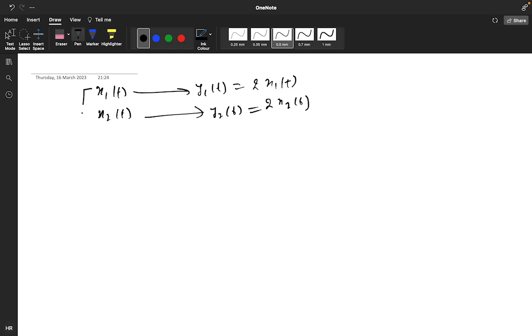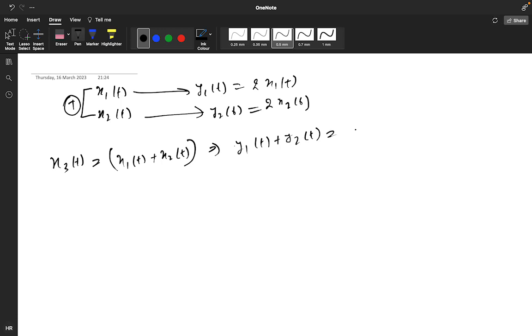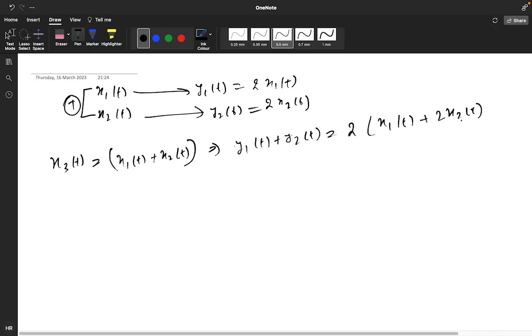Now if you add x1 of t plus x2 of t, your new x3 of t becomes this. So your y1 of t plus y2 of t is 2 x1 of t plus 2 x2 of t.